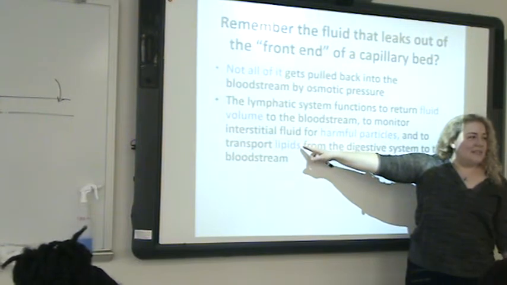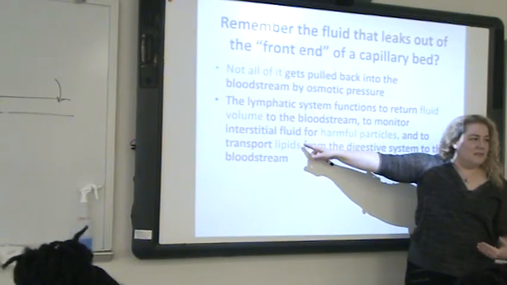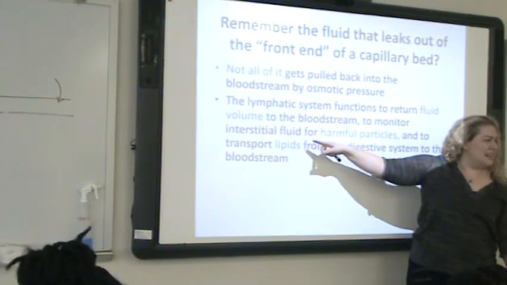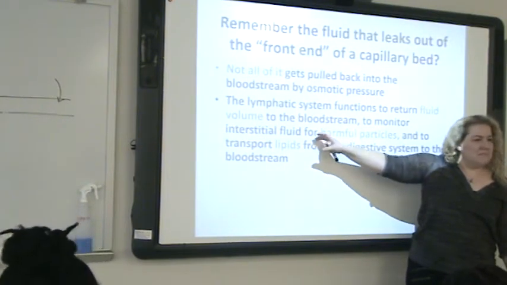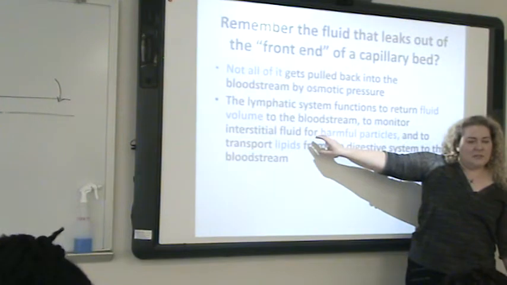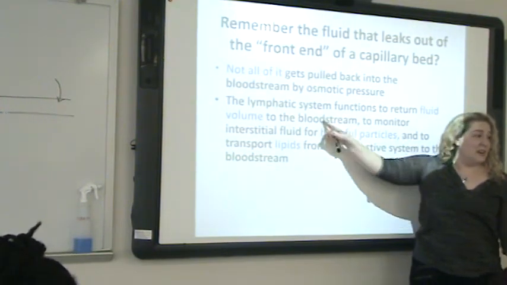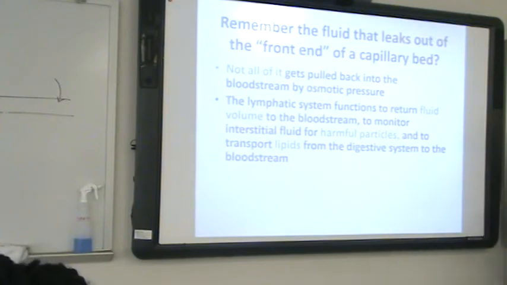It takes fats out of your gut when you eat them, and then it puts them in the bloodstream. That's kind of weird. That's different. So we'll talk about that part when we get to the digestive system, but you should go ahead and learn that it's a general function of the lymphatic system.